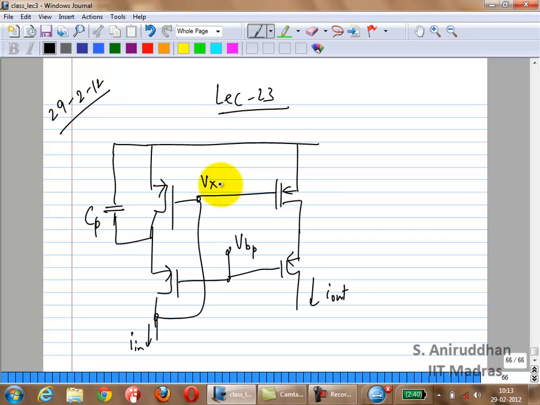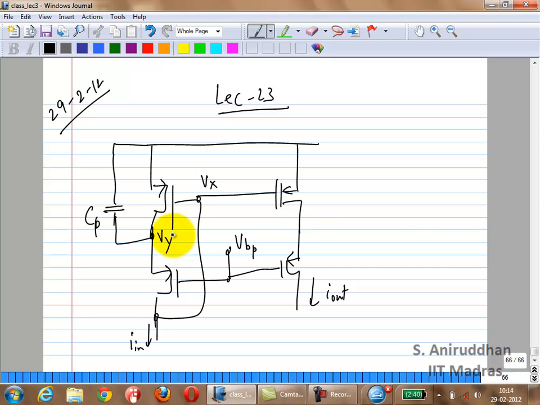So what happens here? If part of this IN goes through CP, that is going to change the voltage Vy here. Let us call that Vy. Vy is now going to be a function of the parasitic capacitance at that node, obviously. What is the VGS for this transistor?